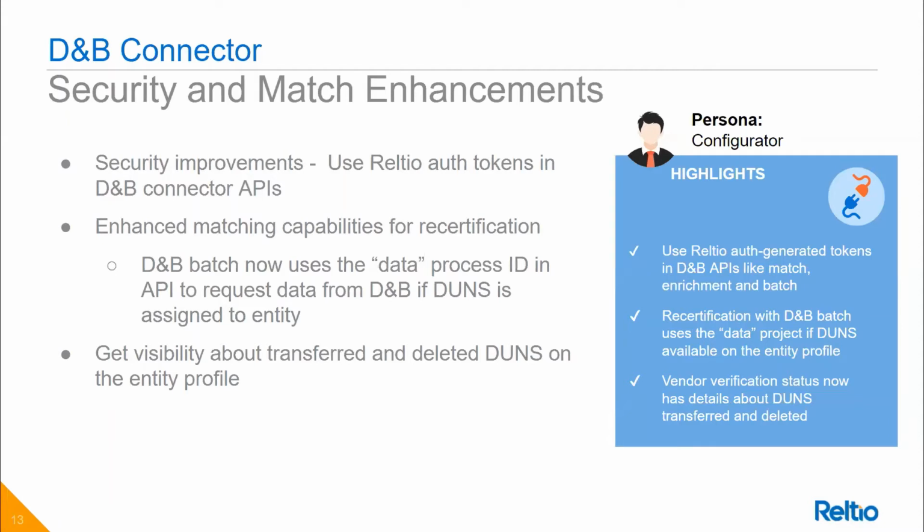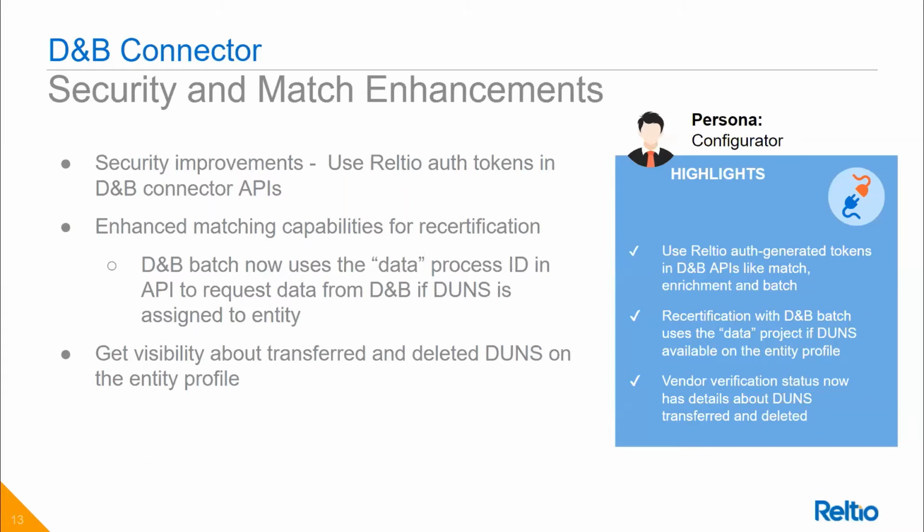But now we have enhanced the security with the use of Reltio auth tokens, and you don't need to pass the credentials. These APIs are of course backward compatible, so there would not be any change for your existing installations. However, we recommend that you change those to use the Reltio auth token.